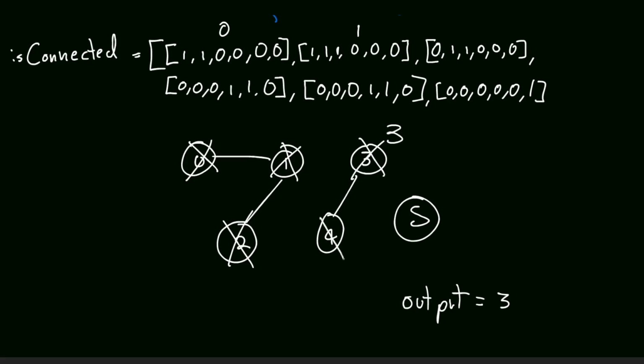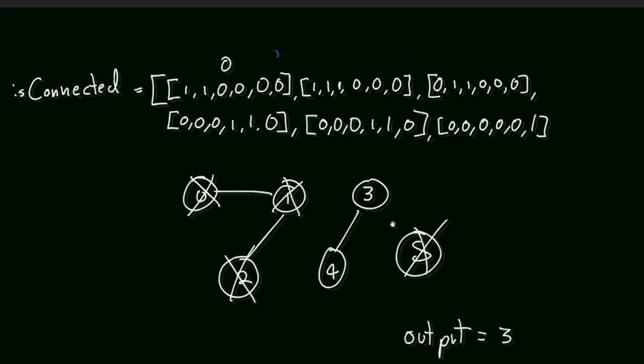Then we add all of these nodes through depth first search. And so on until we get to number 5, which is just alone on its own.